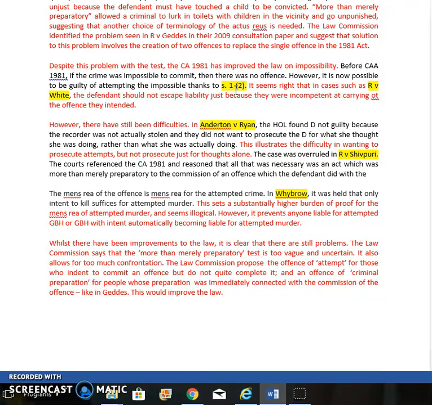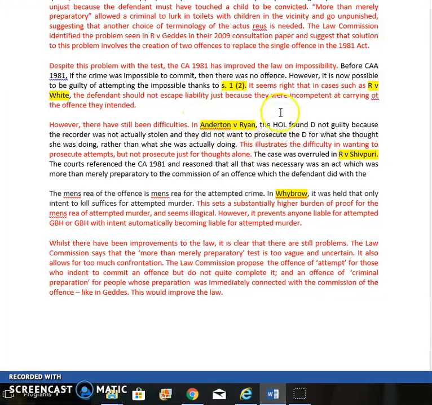Equally, if you stab a pillow, thinking it's a human, you still have that high-level mens rea. The fact that you were lucky that the person wasn't there shouldn't mean that you escape liability. Remember, the law wants to protect society from potentially dangerous individuals, so it's important that we can prosecute for attempting the impossible.